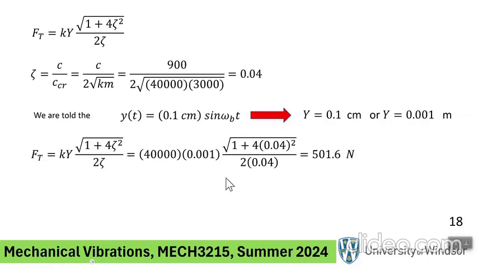The force transmitted to the punch press, the mass that sits on top of the foundation that we have. So this is the force that the punch press is going to experience because of what is rotating next door and creating that base motion.